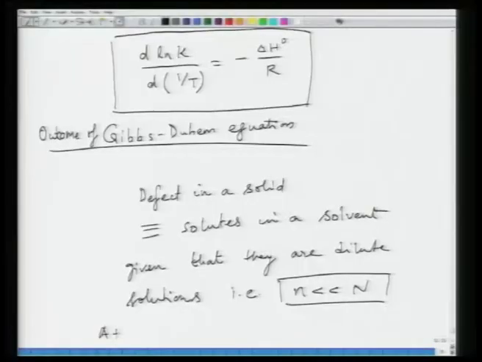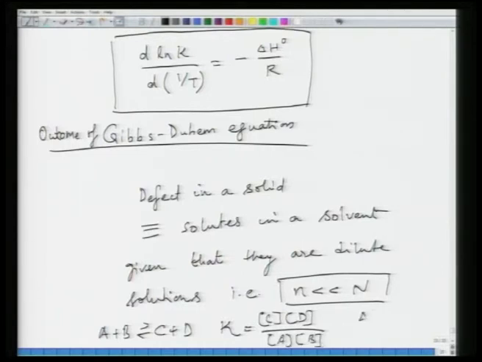So basically the formalism that we have established here is that you write a chemical reaction, A plus B is equal to C plus D, and you write K, which is the concentration of C, concentration of D divided by A multiplied by B, and delta G naught is equal to minus RT ln K. So basically K is equal to exponential of minus delta G naught divided by RT.